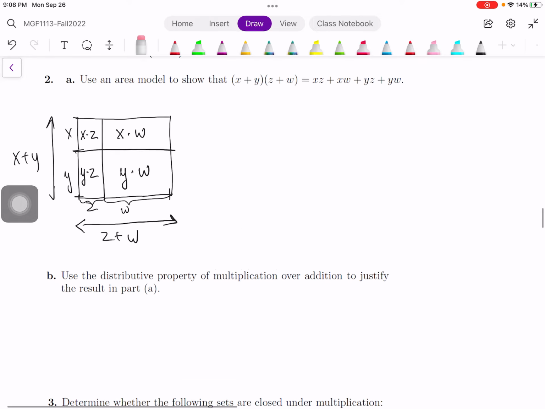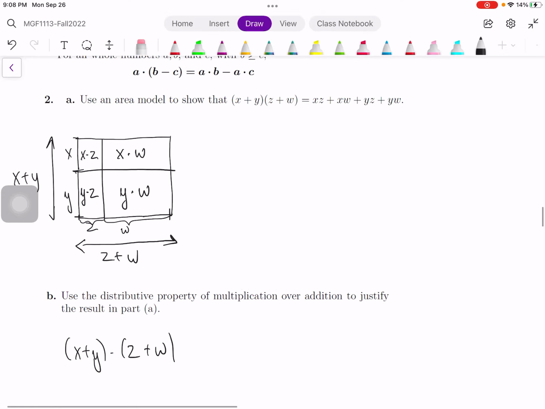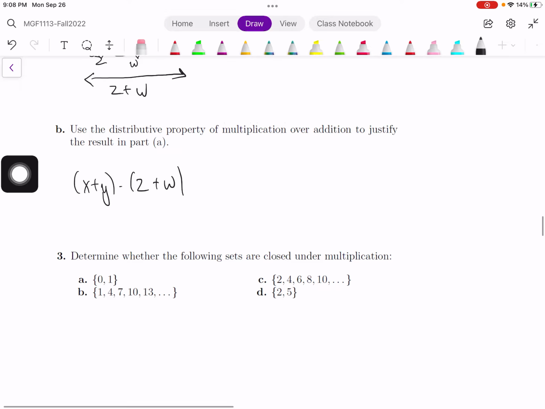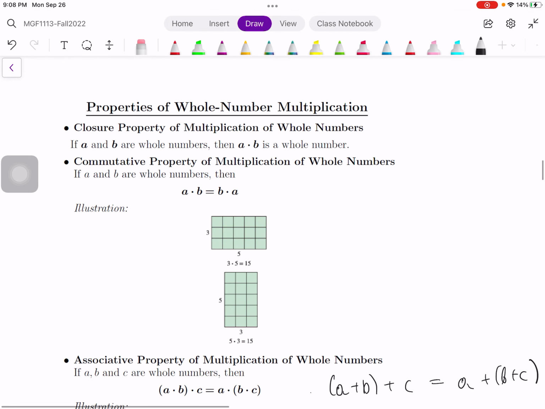Okay, now let's prove the same using the distributive property. So I want to show that (x plus y) times (z plus w) will be equal to this. So I start with the left hand side. I can only use the properties of multiplication that were stated here.